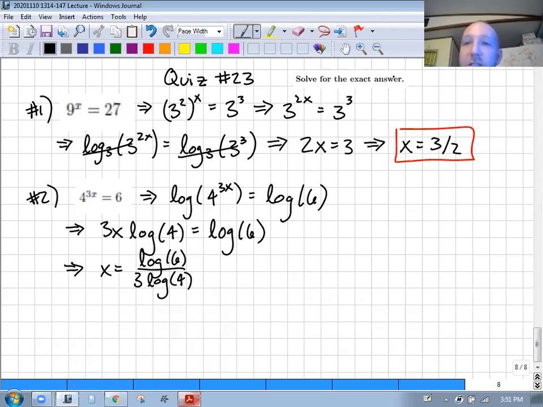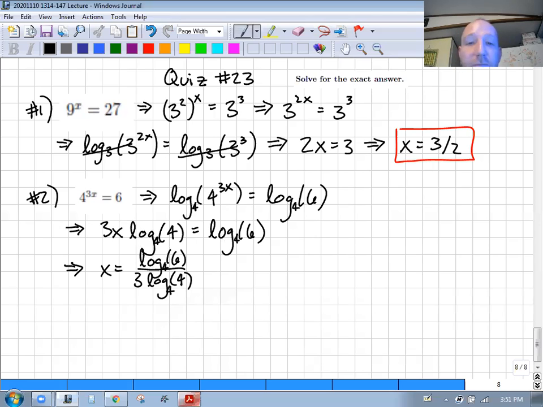And since it asks for exact answers, we're not even going to plug this into the calculator. This is our answer. Now you could have done log base 4. If we'd have done log base 4, we would have this. And it's still correct.